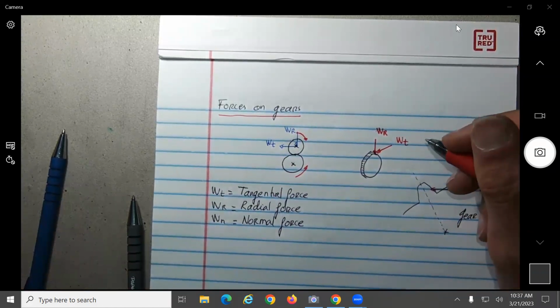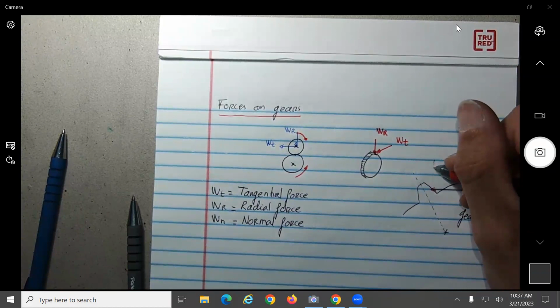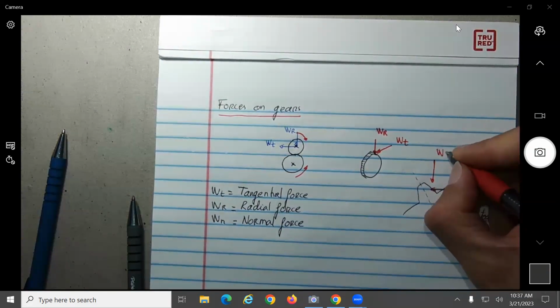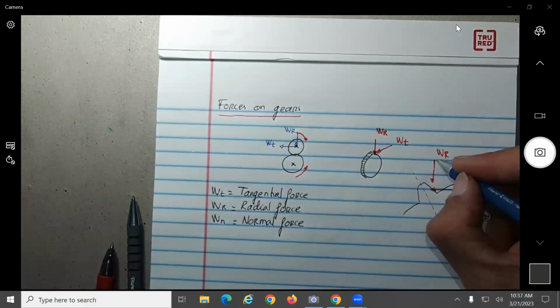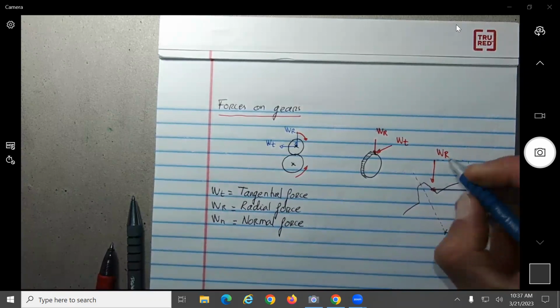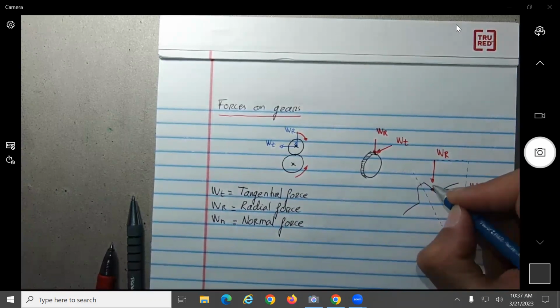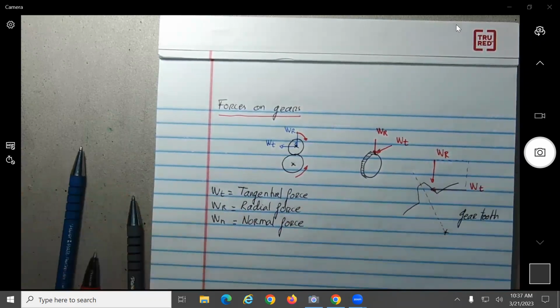You can have, let's say, a radial component of this one, but in what direction should the real force being applied on the tooth be? It should be normal to the surface, no? Okay.